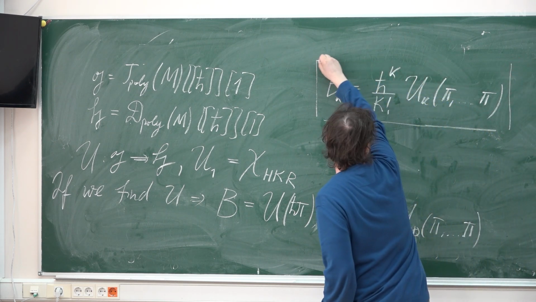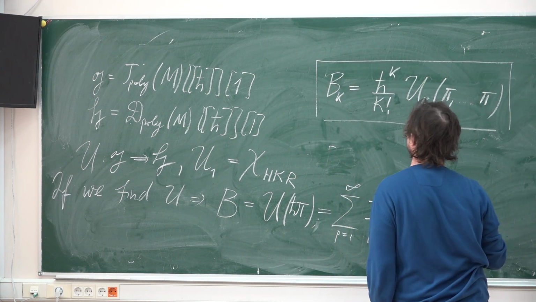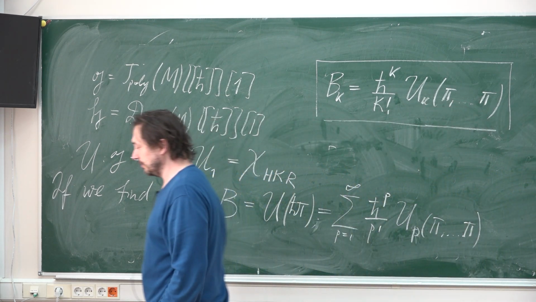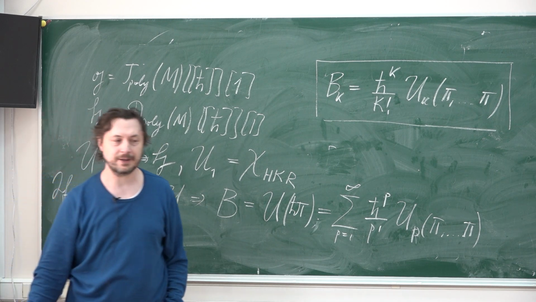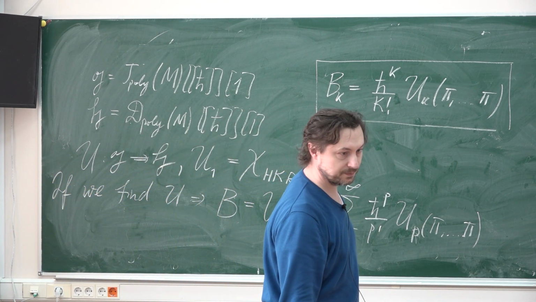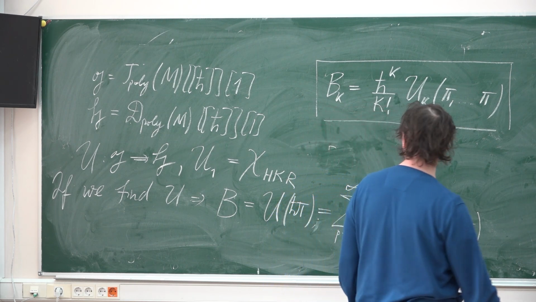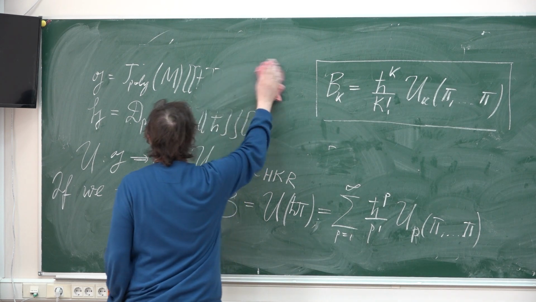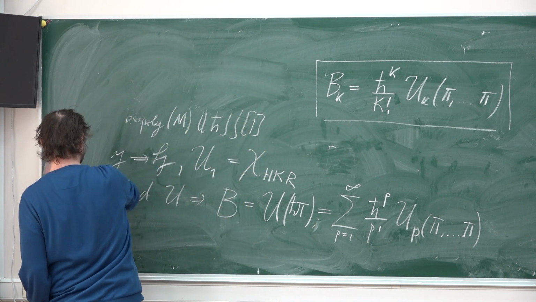So what remains, and what was originally done by Kontsevich, is to define the remaining part, the missing terms in this L infinity morphism. And that's actually the main result of the Kontsevich formality theorem.